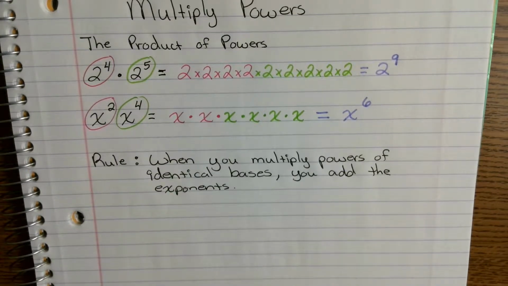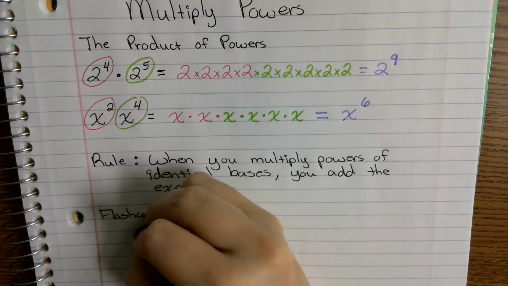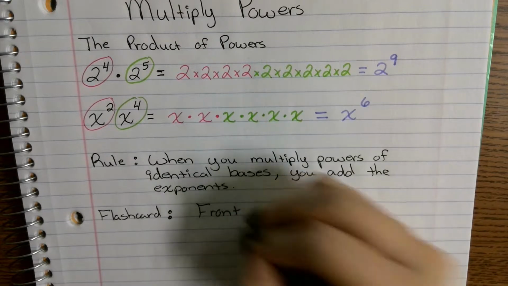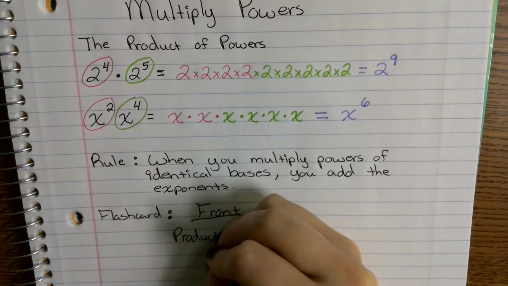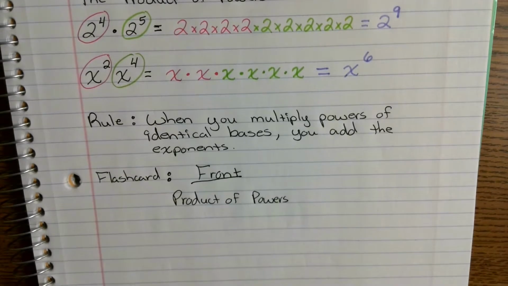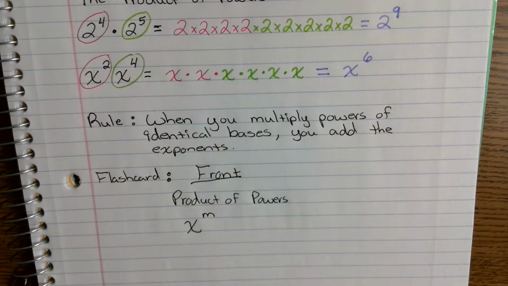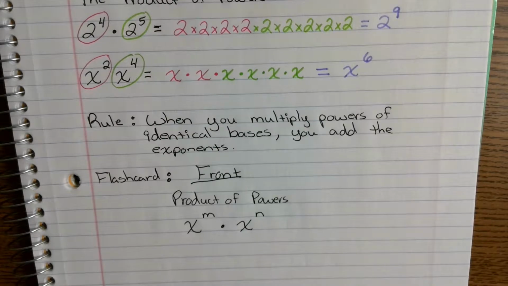So here's what the rule looks like. And if you're going to make a flashcard, here's my little flashcard rule. The front of your flashcard should say product of powers. And you would see x to the m power times x to the n power, x to the m times x to the n.